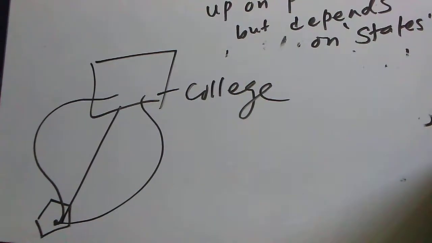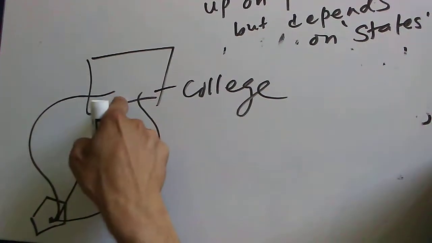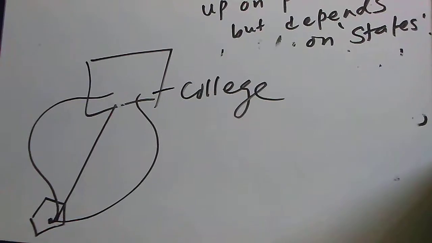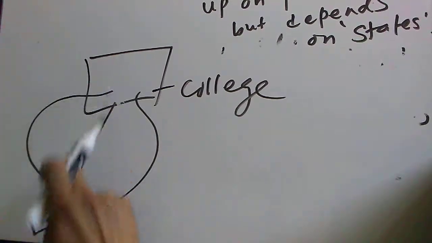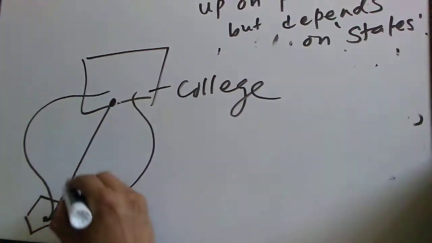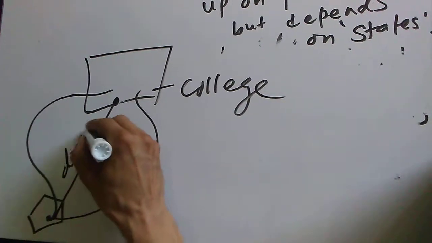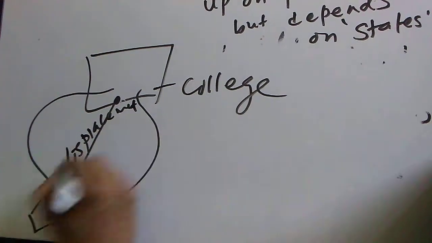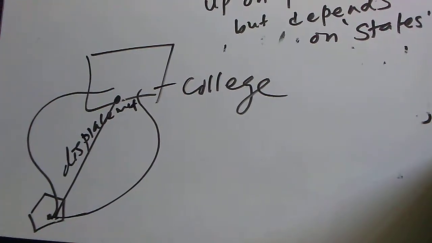No matter how you go, you reach the college. So the total displacement you cover is the same whether you go this way, this way, or this way. It's path independent. Finally you reach this place. So this is the displacement. Displacement is a state function, but distance doesn't count here. All right, thank you very much.